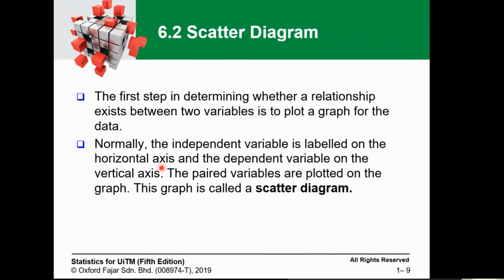So the first step to determine whether those two variables are correlated or not is to draw a scatter diagram. If you want to draw it, we put the independent variable on the horizontal axis and the dependent variable on the vertical one. So here is the dependent variable, and here is the independent variable.